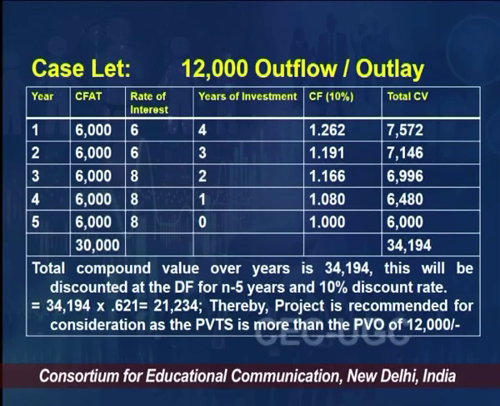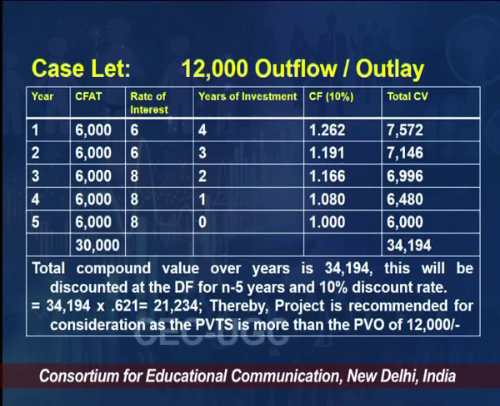Let us see that. So, the caselet, as I said, in the top we are writing the outlay 12,000, just to put it in one slide. In the first column we are taking year 1 to 5, then we are taking cash flows after tax, 6,000. No tax is mentioned in the case. I have taken a very simple example, right. So, we have cash flows after tax 6,000, in total 30,000.